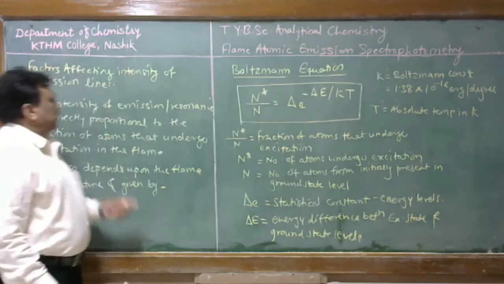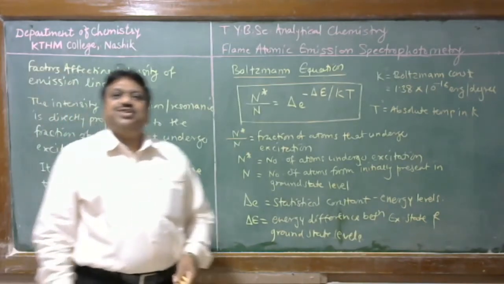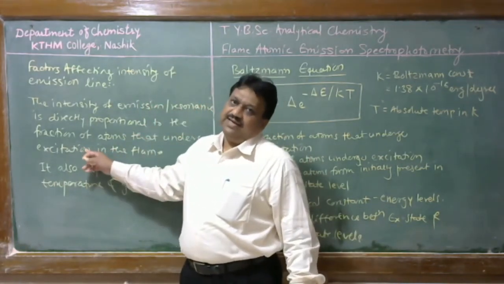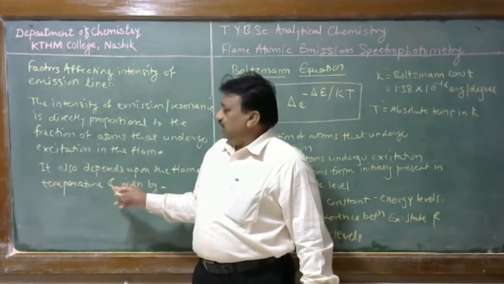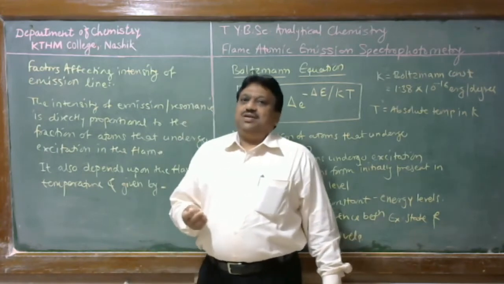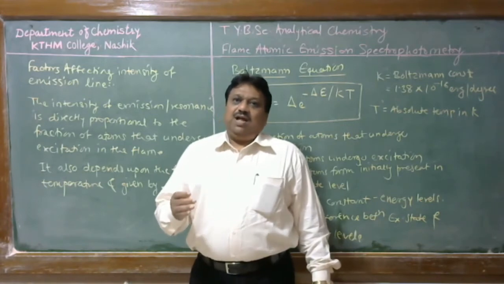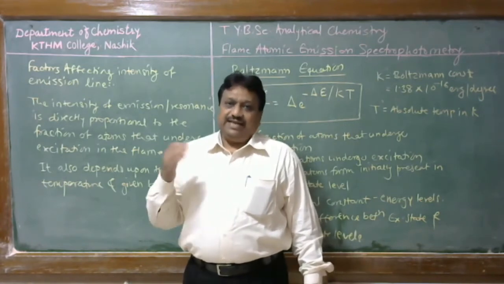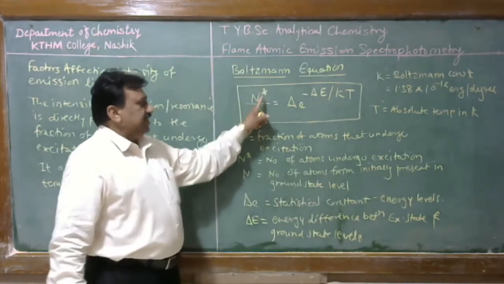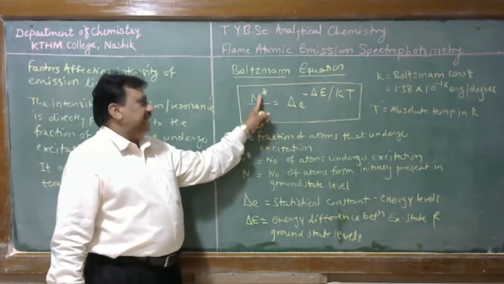Therefore, here the intensity of emission line or resonance line in atomic emission spectroscopy totally depends upon the fraction of atoms that undergo electronic excitation. Fraction of atoms that undergo electronic excitation means, out of the number of atoms formed in the flame, how many are excited. Therefore, this is a ratio, N star upon N. N star is the number of atoms that undergo electronic excitation.